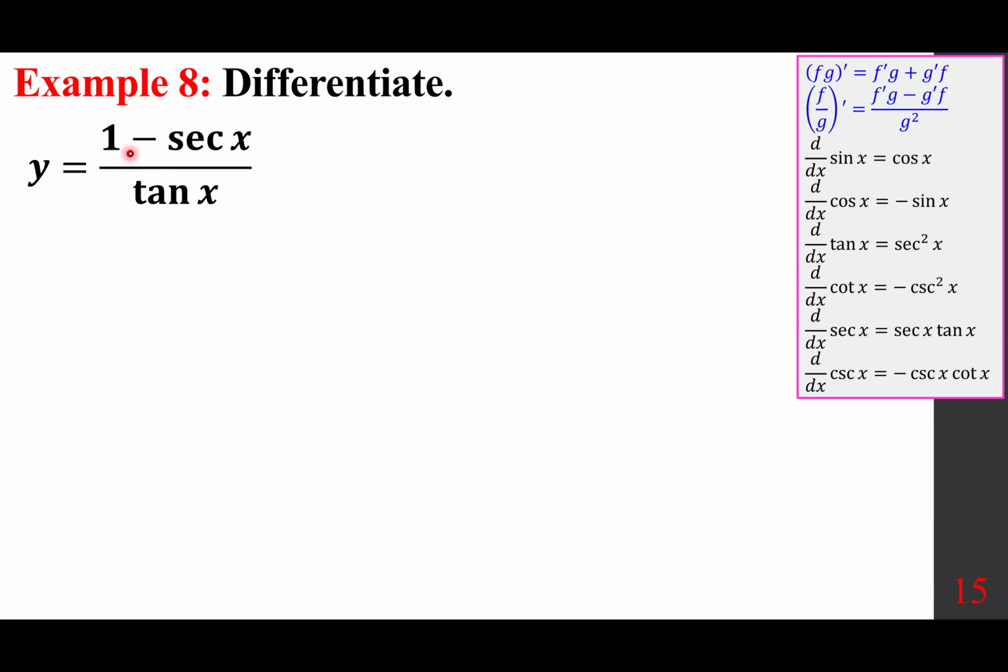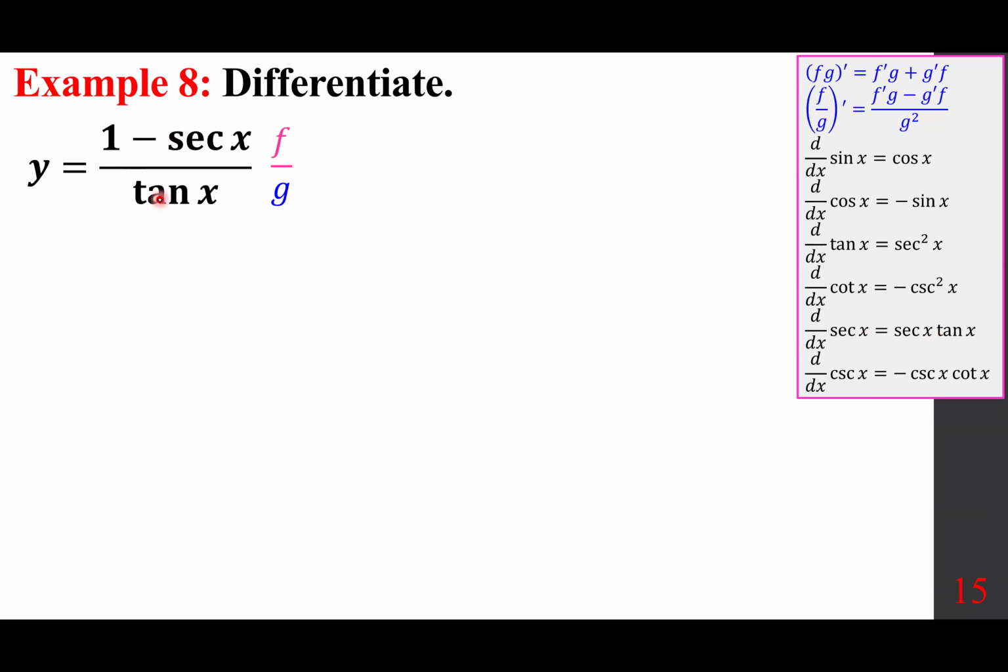y equals 1 minus secant x over tan x. We notice this as f over g, therefore the quotient rule can be used. We put y prime equals a huge fraction bar, f prime. Let's look at the derivative of the numerator. 1 gives you 0, minus secant gives you secant x tan x.